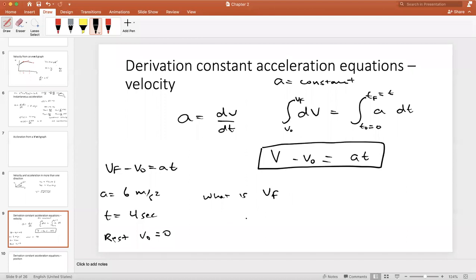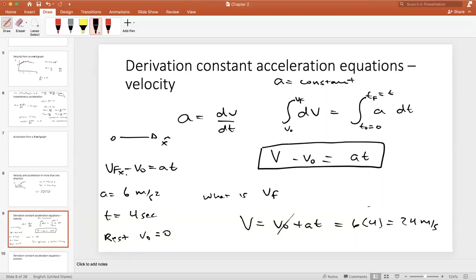So we get v is equal to v initial plus at. Plugging these things in, this is 0, and we get 6 times 4, which is 24 meters per second, in whatever direction the acceleration was in. So we could say, this is starting at the origin and going in the positive x direction.